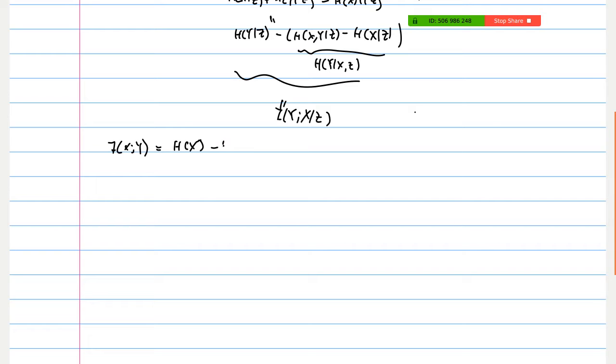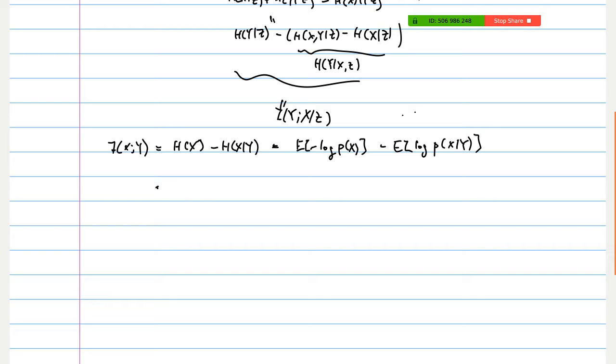And this I can write as an expectation of minus log P(X), minus the expectation of minus log P(X given Y). Remember that's the definition for entropy as well, right?